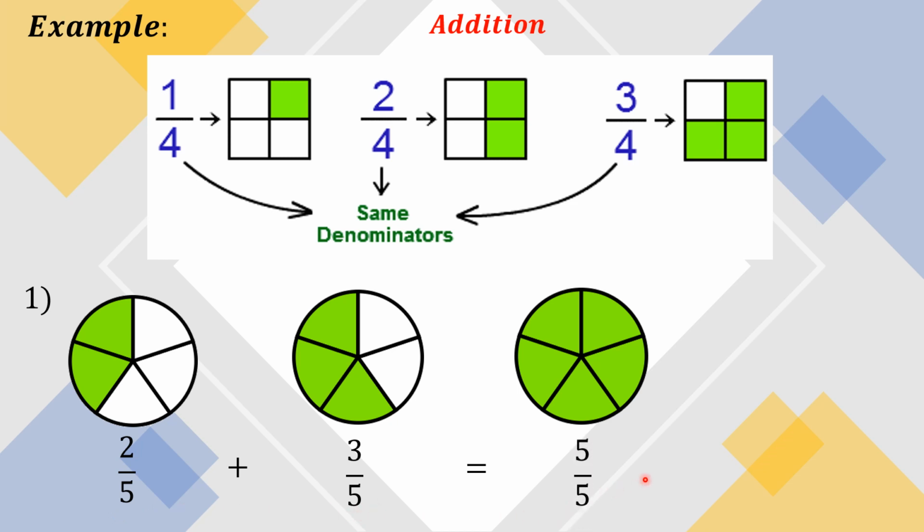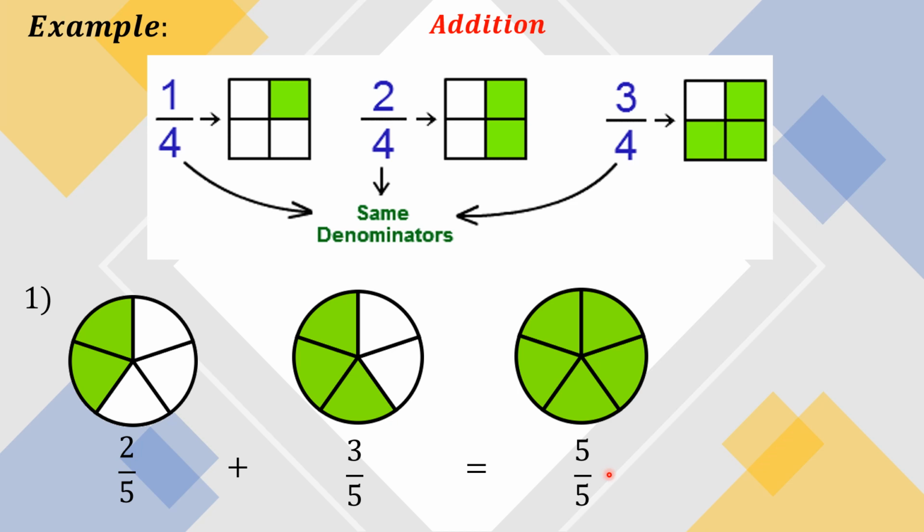So the answer is, how do you read this one, students? Okay, you can read it as 5/5. Okay, so since you can see the same number, you're going to get the simple form of it.